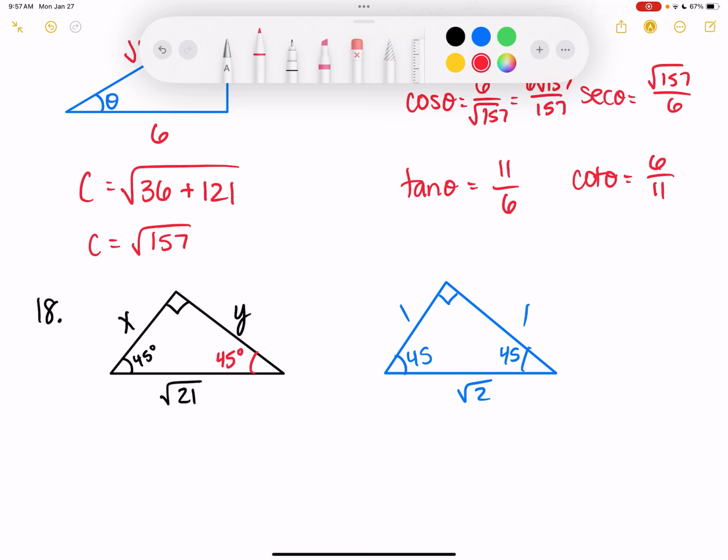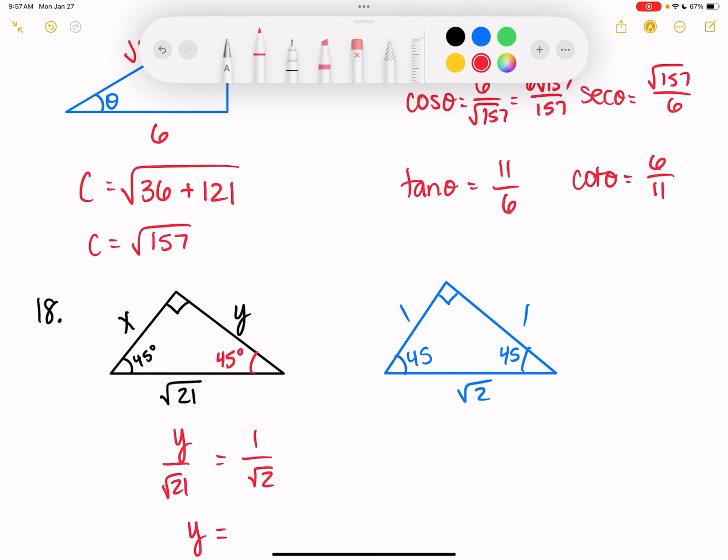All right, so I'm going to do y over the square root of 21 equals 1 over the square root of 2. Then I can cross multiply. Technically, I don't need to fully cross multiply because I want y by itself. So I'm just going to multiply by the square root of 21.